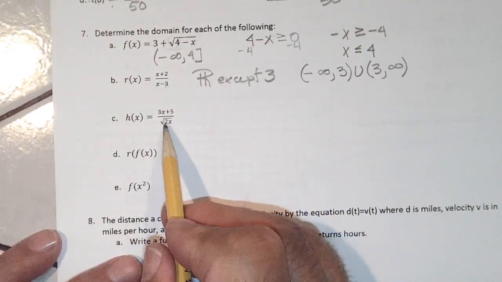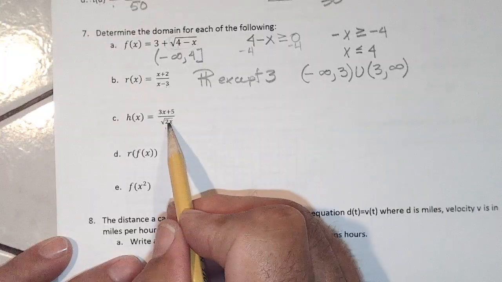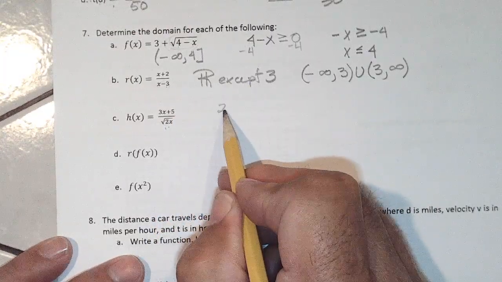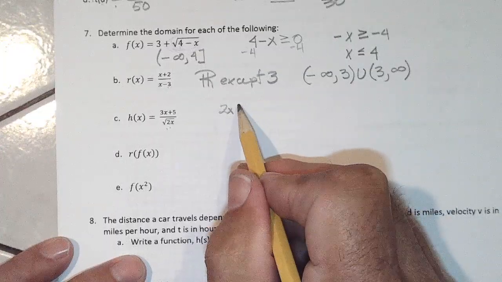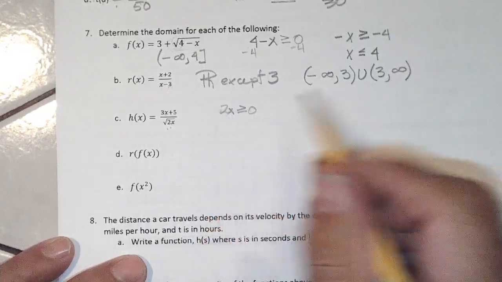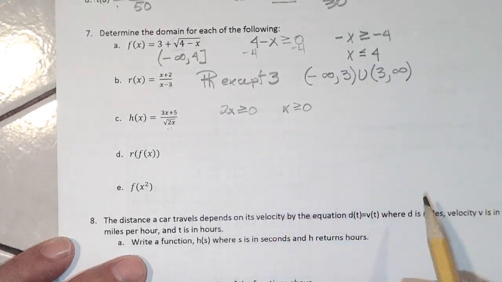This one, I have a square root and division. So under the square root, the 2x has to be greater than or equal to 0. So if I divide by 2, that says x has to be greater than or equal to 0.